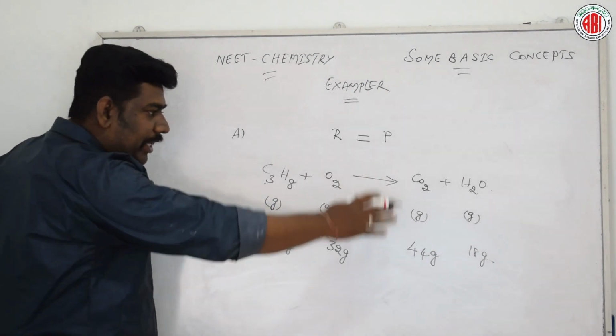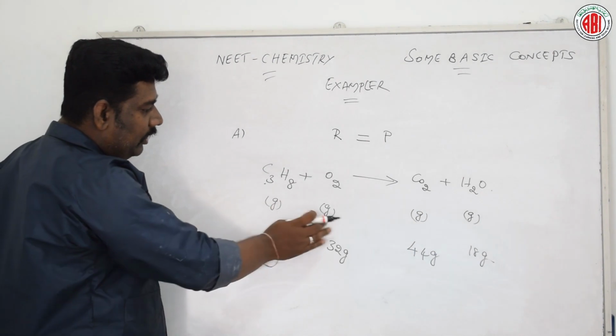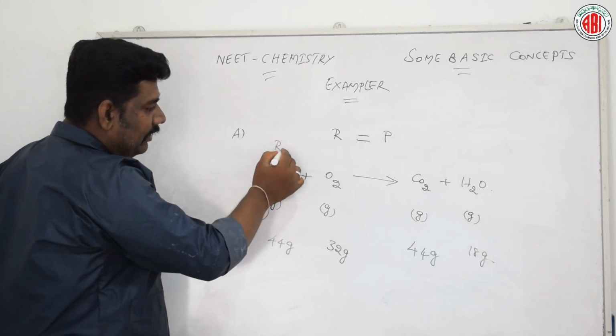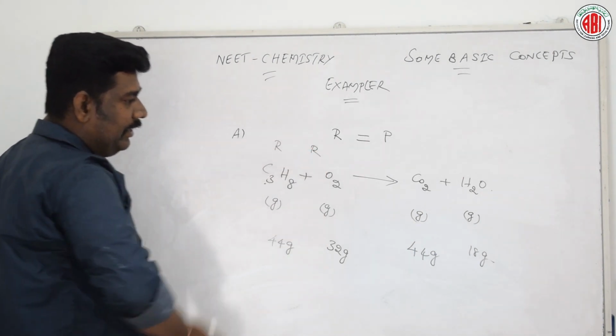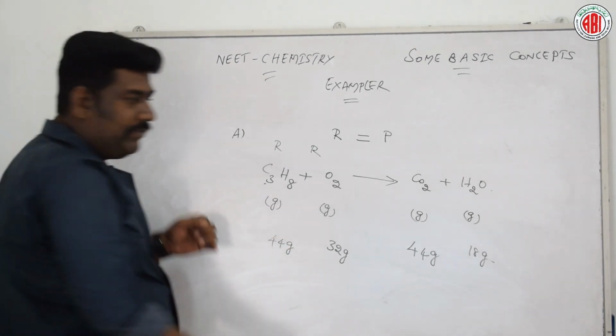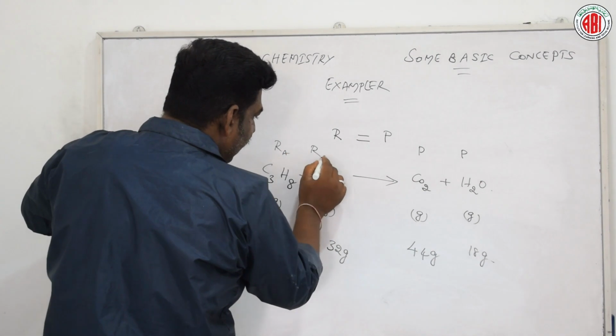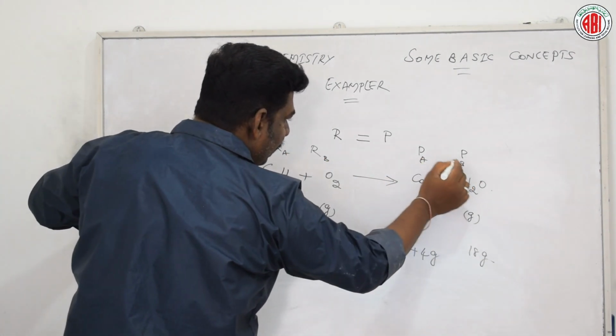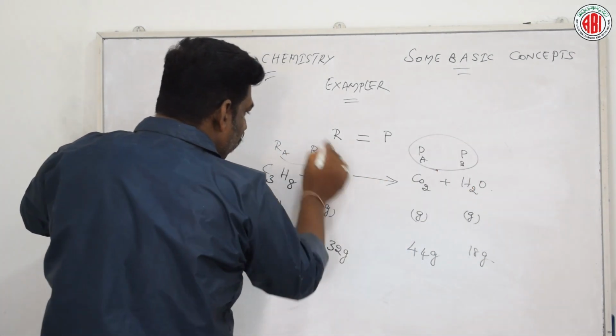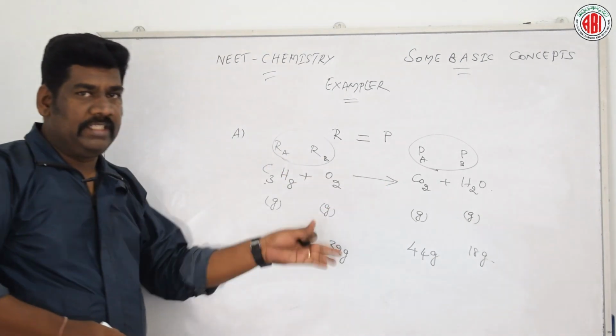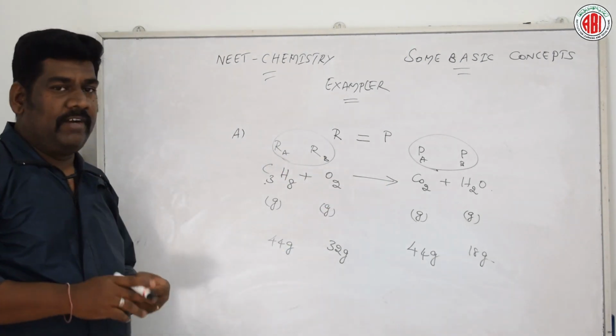In this chemical reaction, these both are reactants, reactant A and reactant B, and there are 2 products we are gaining, product A and product B. So overall reactants and overall products are not equal to each other. In what way is it not equal?